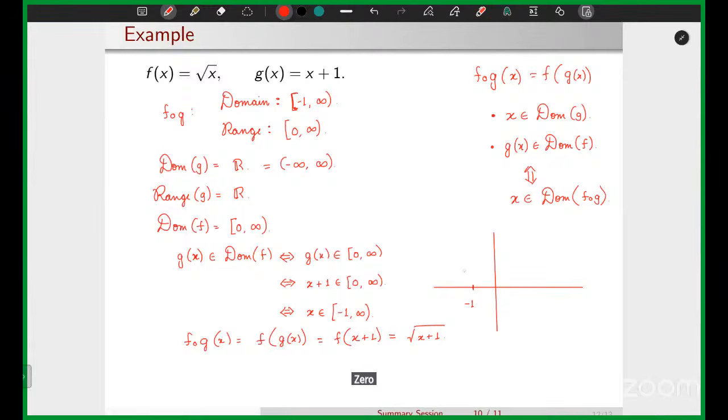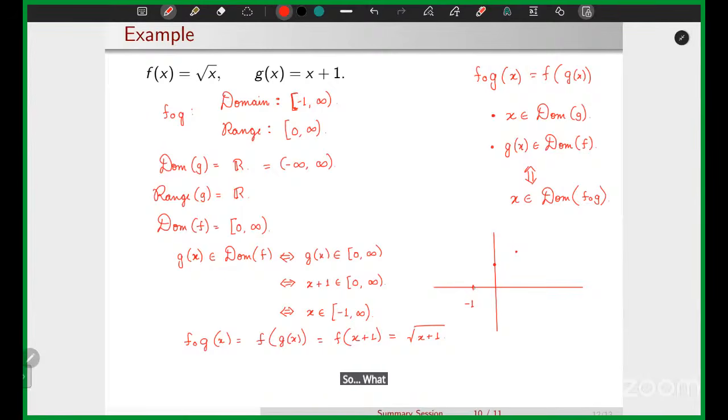And at 0, what is the value of the function? 1. So from -1 to 0, there was a jump of 1. But from 1 to 2, there will be a smaller jump. It becomes √3, which is 1.7-ish.